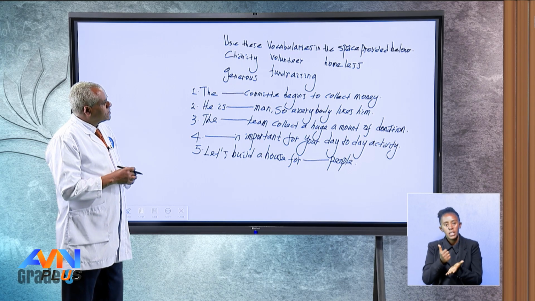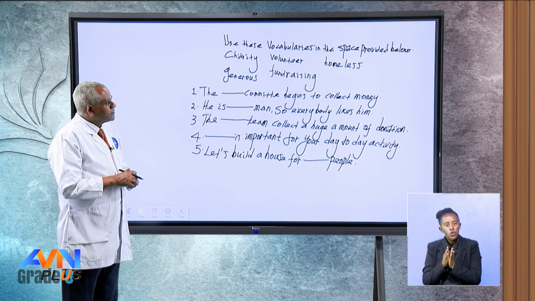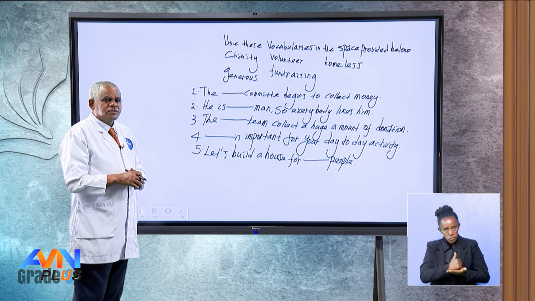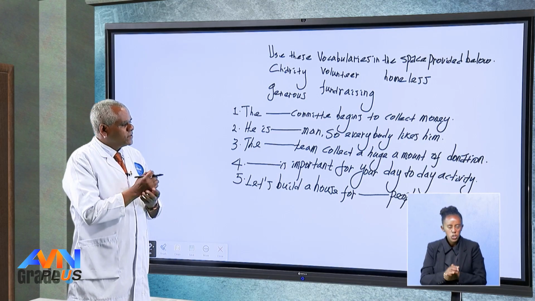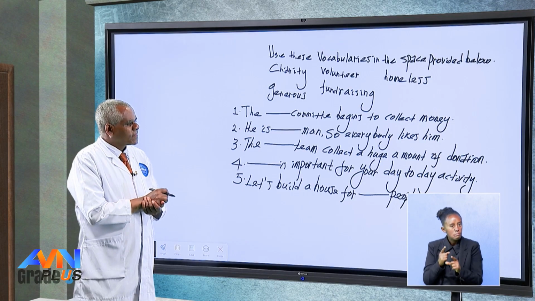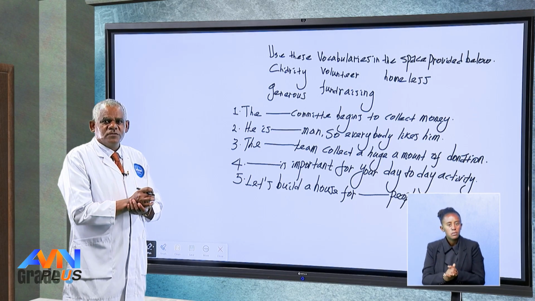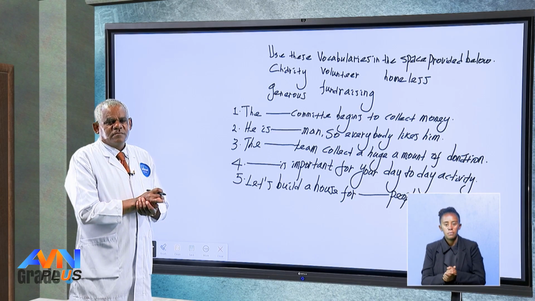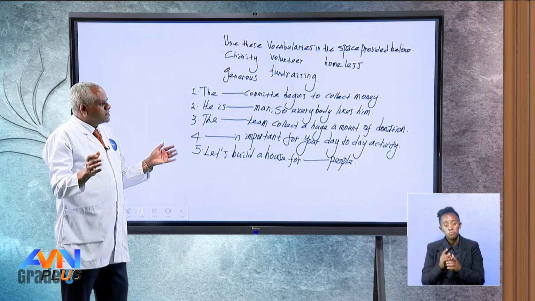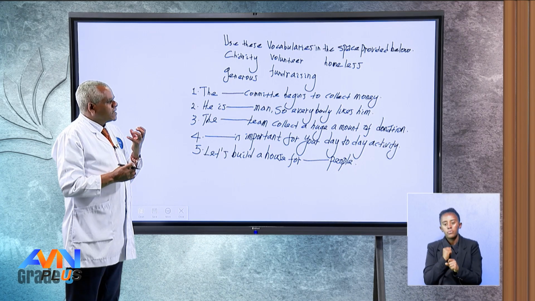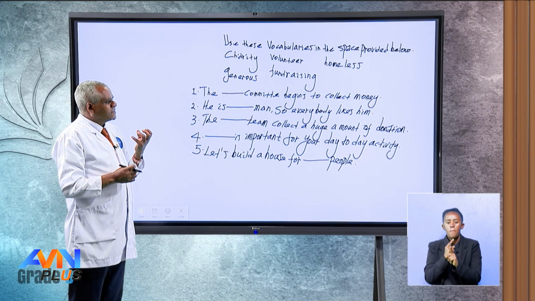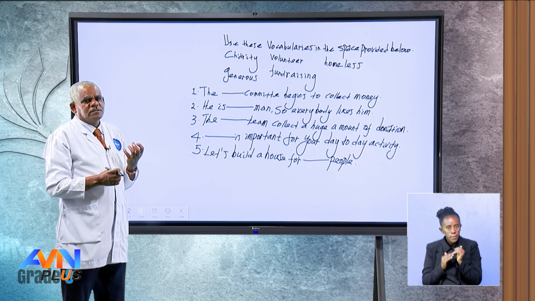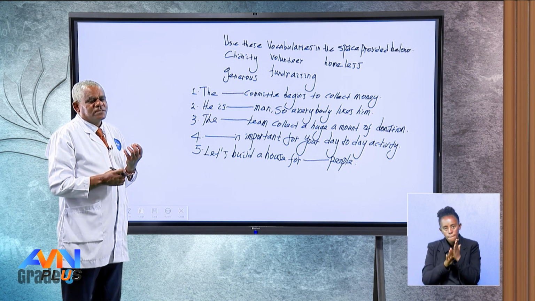Charity, generous, volunteer, fundraising, and homeless. Which sentence do you think is appropriate? You may have two chances or two answers, it may be possible. But let's do the appropriate vocabulary that is suitable to complete each sentence. Very important.